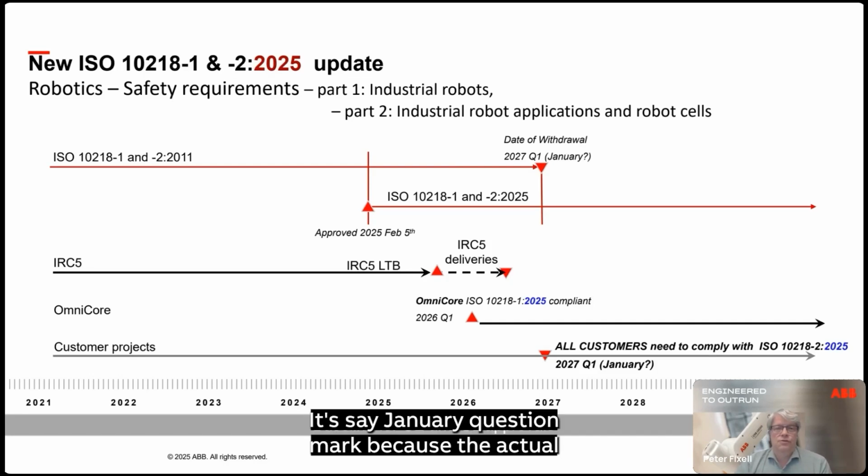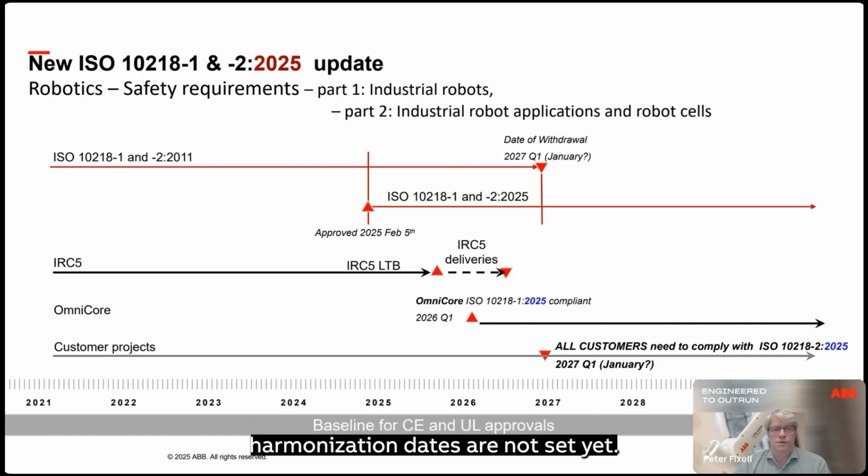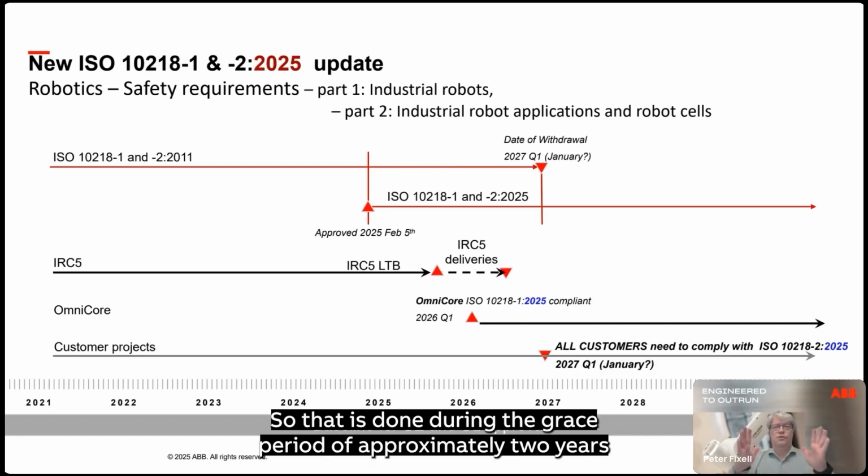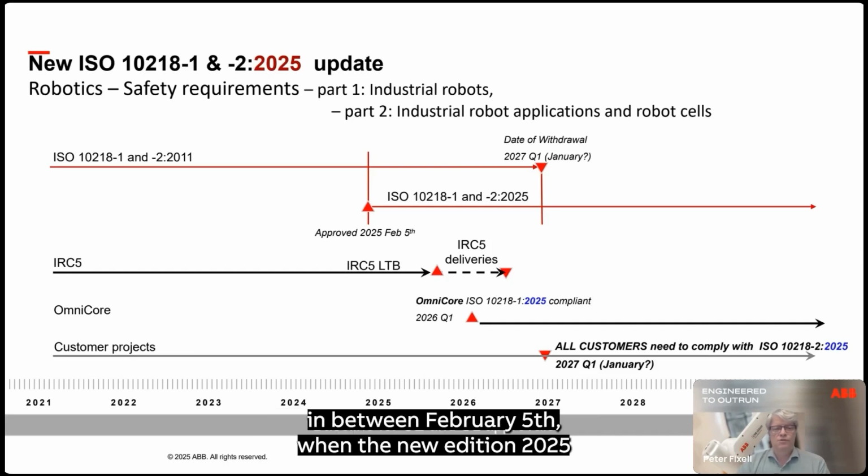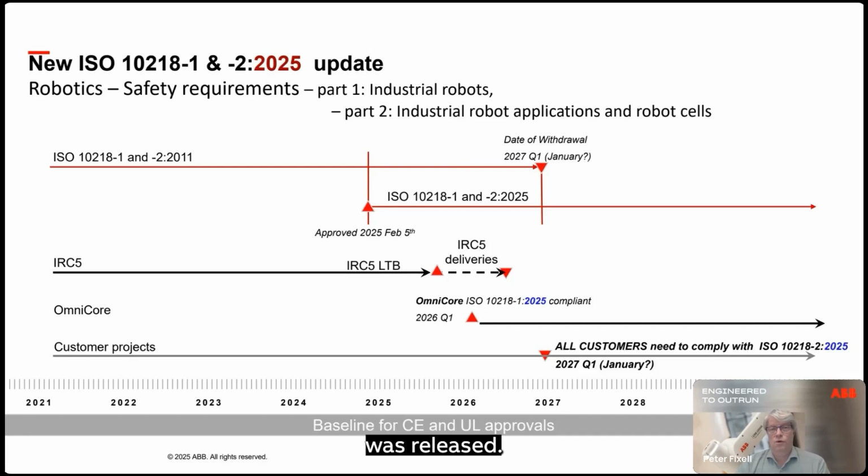It says January question mark because the actual harmonization dates are not set yet. So that is done during the grace period of approximately 2 years, from February 5th, when the new edition 2025 was released.